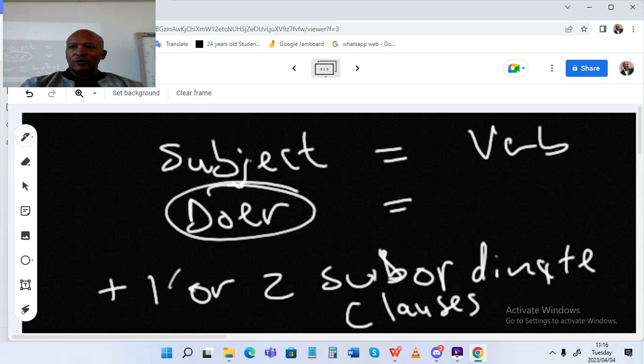It needs the main clause to make sense. Also called the dependent clause. In other words, it's dependent on something to make sense.